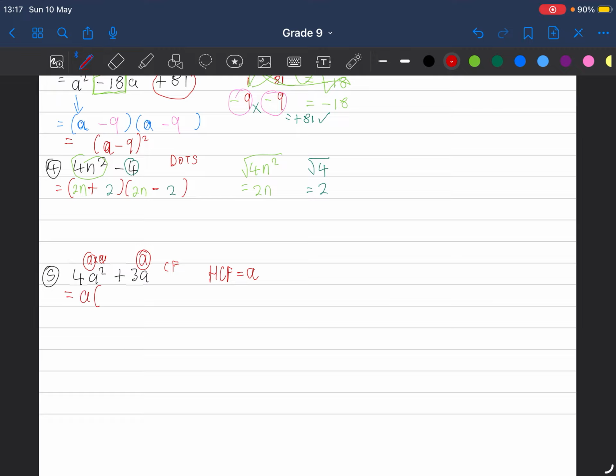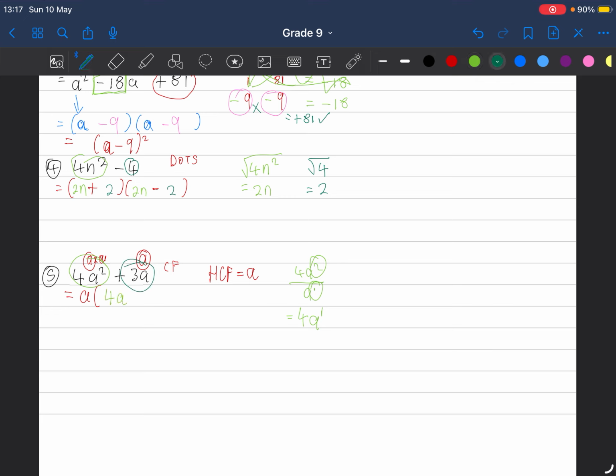So let's pull out a, and then take our first term, 4a squared divided by a. Well, 4 divided by 1 is 4, and a squared divided by a, using laws of exponents, we subtract the exponents. So 2 minus 1, so we're left with a to the power 1. So it's 4a.